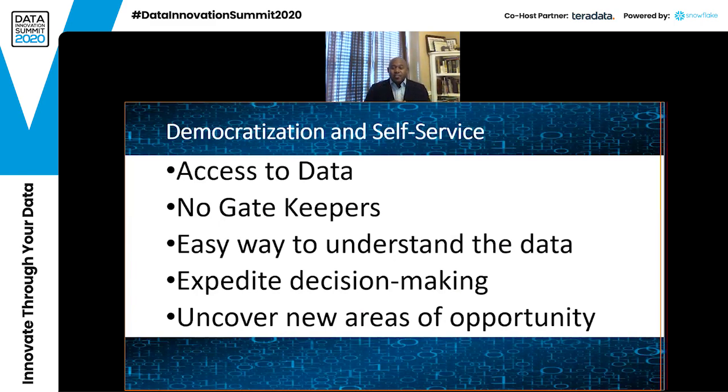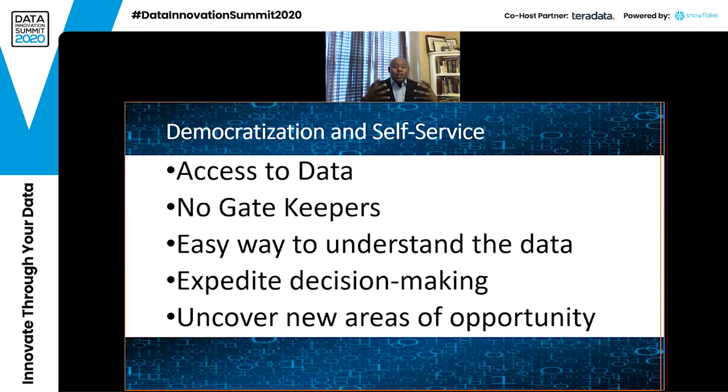Also, when you get into self-service, that is the way of understanding the data, making sure that the users understand the data, because when they understand it and use those visual analytic tools, that can help them expedite their decision making. As they go through those tools and their outputs, the different graphs, charts, and visualizations, they can uncover new areas of opportunity that the company previously didn't see.